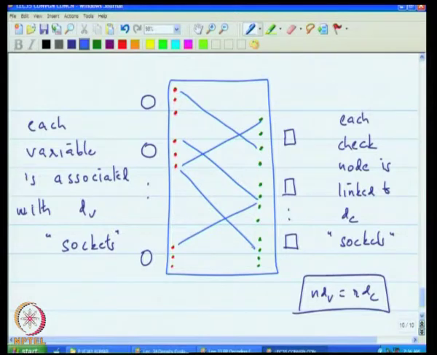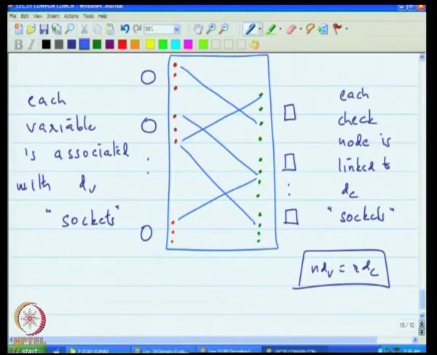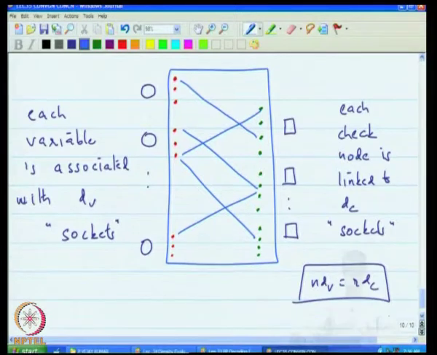Okay. And mathematically you can view that as a permutation. Okay.